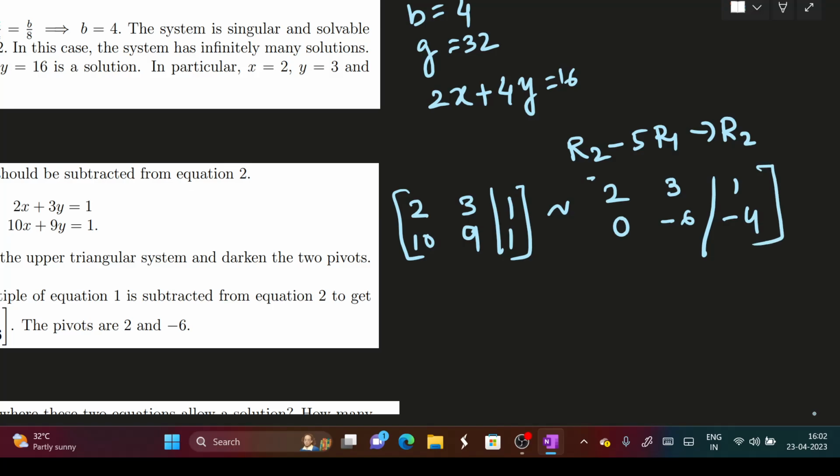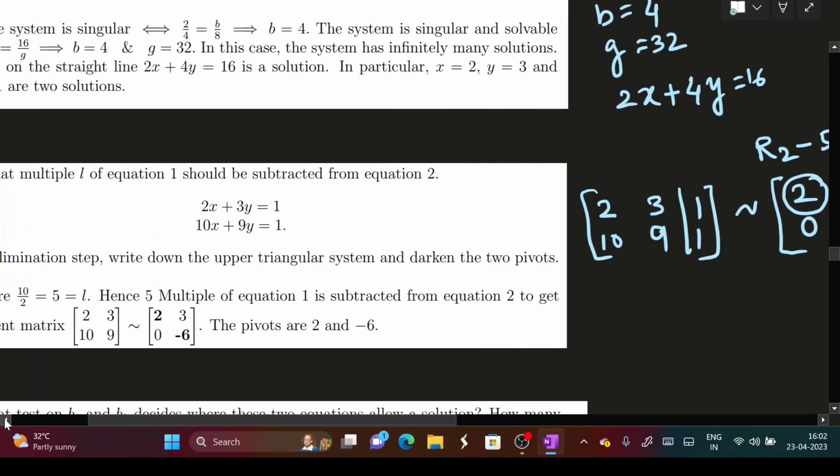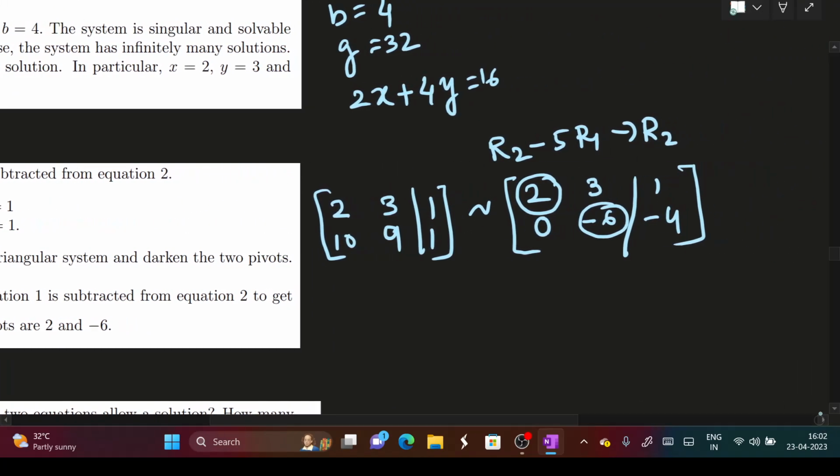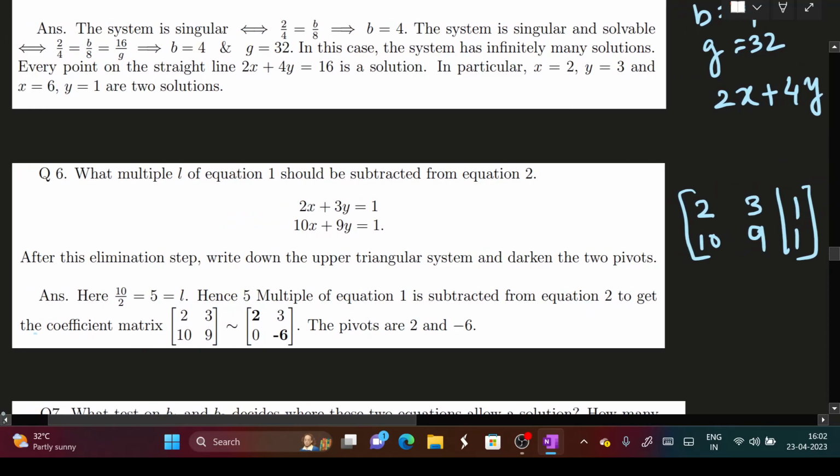So this is the system of equations. Once we have this system of equations, how many pivots does it have? This is a pivot and this is a pivot. The second part of the question: after the elimination step, write down the upper triangular system and darken the two pivots. After elimination we got this triangular form, and here 2 and minus 6 are the pivots. Okay.